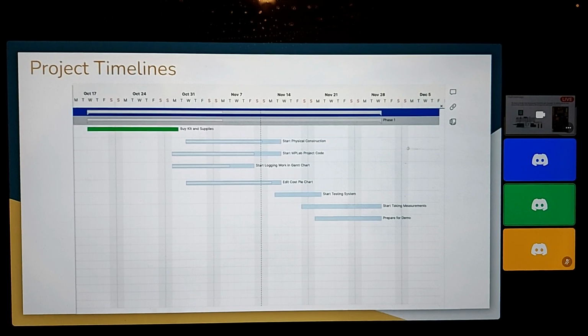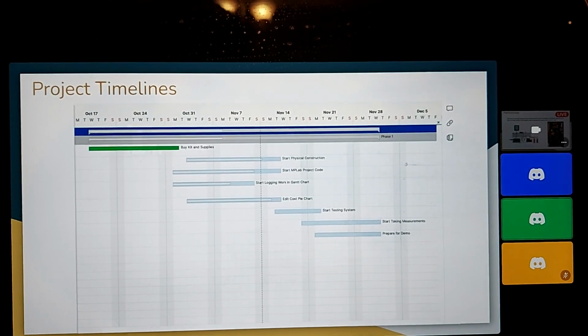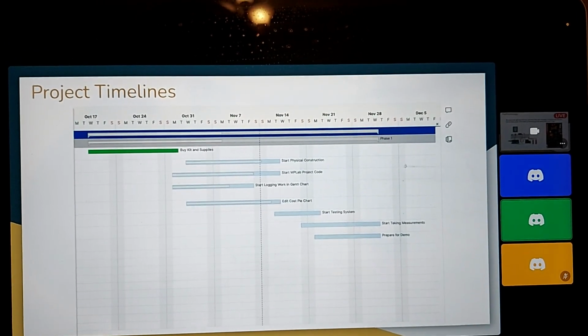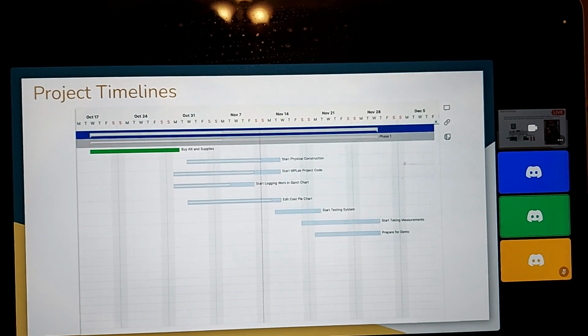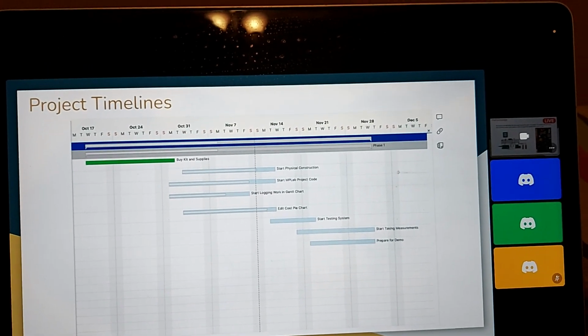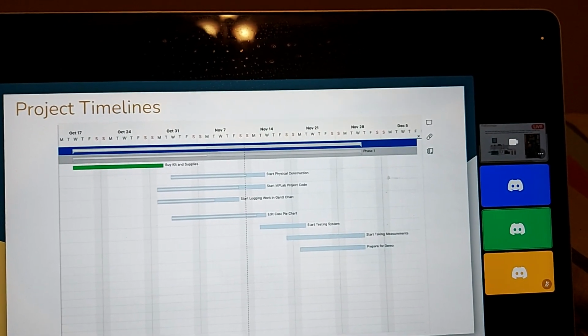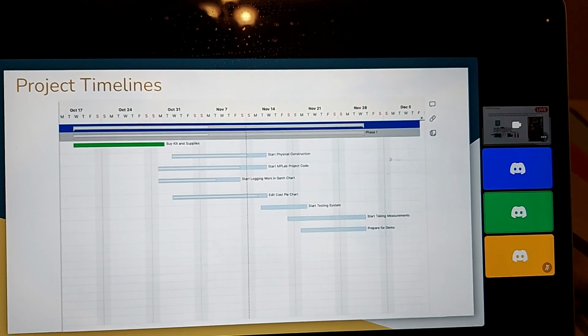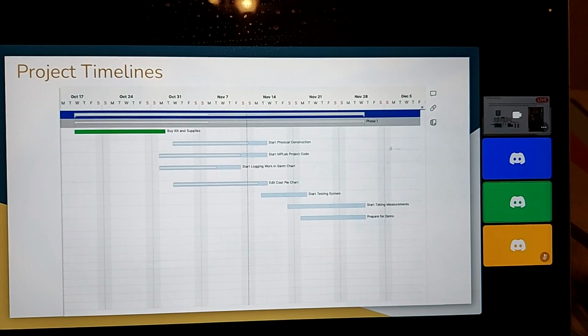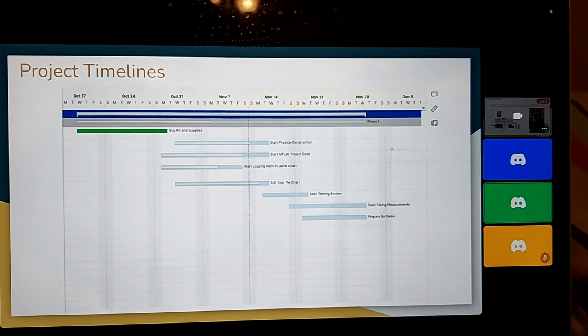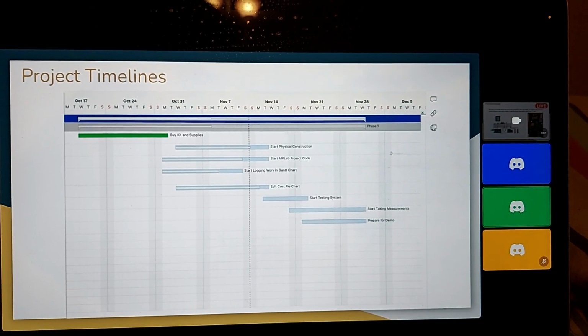For project timelines, we started buying the kit and the supplies and extra peripherals around mid-October. Then we started physical construction early November. We finished pretty late, very much into December.